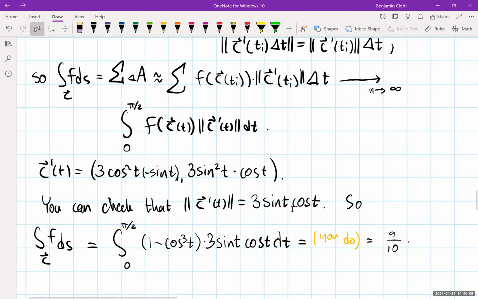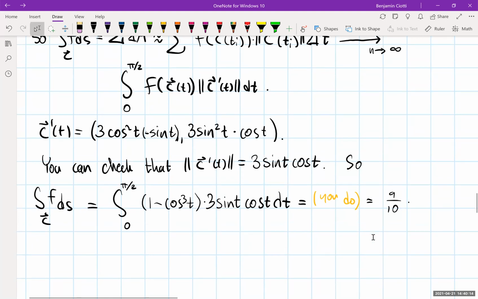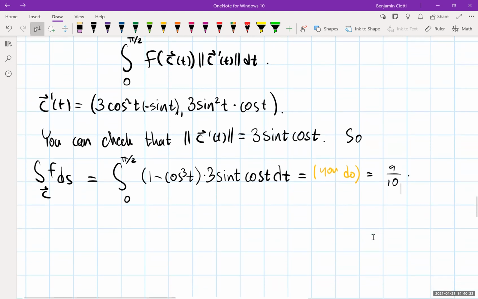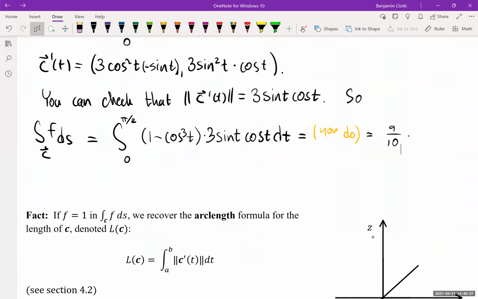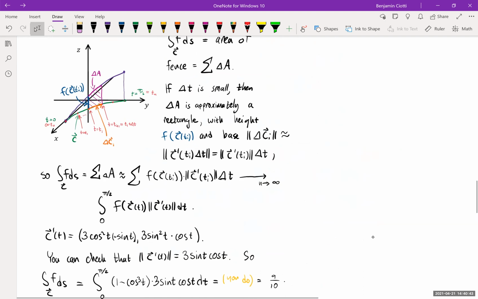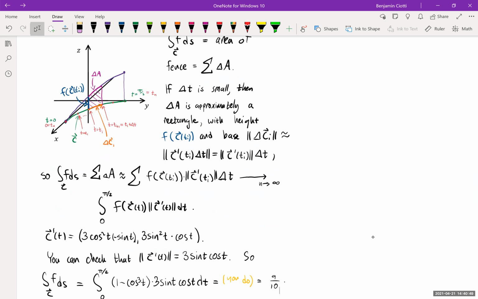Again, if anyone wants to see how or why, I can show you in office hours. Any questions on this problem? This was a combination of example and proof. Cool, okay, then I guess we finished that one. Yeah, 9/10 is the area of the fence.